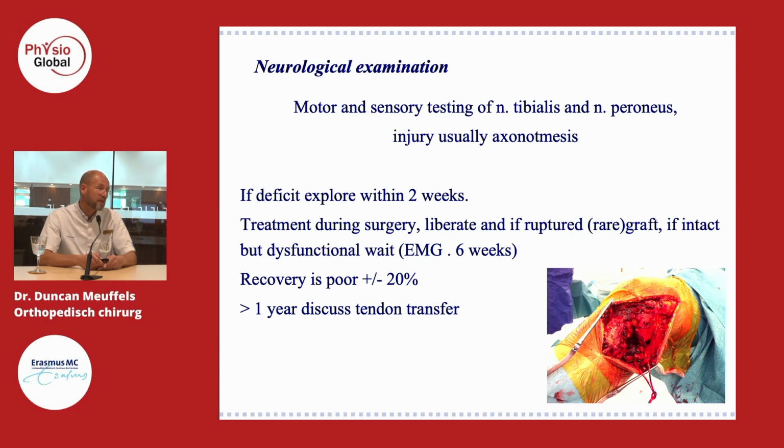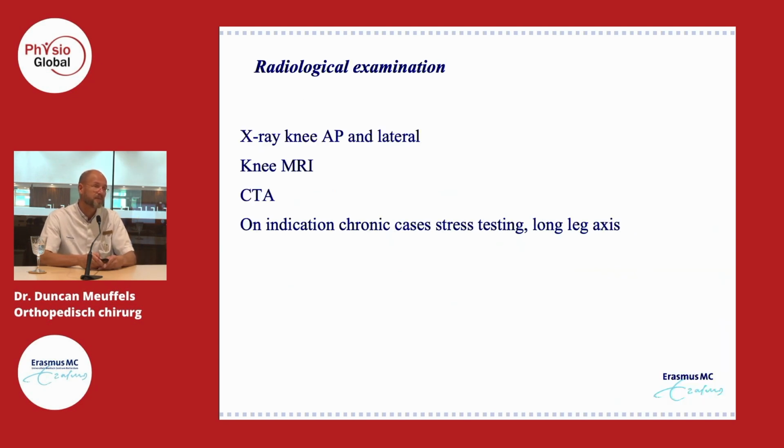If it's intact, which in most cases, if I look back at our 200 plus explorations, we only had 2 of these that were disrupted, and one of them was disrupted because of exploration in another center first. The sad thing is that the recovery is poor, and in these cases you have to discuss tendon transfer secondarily.